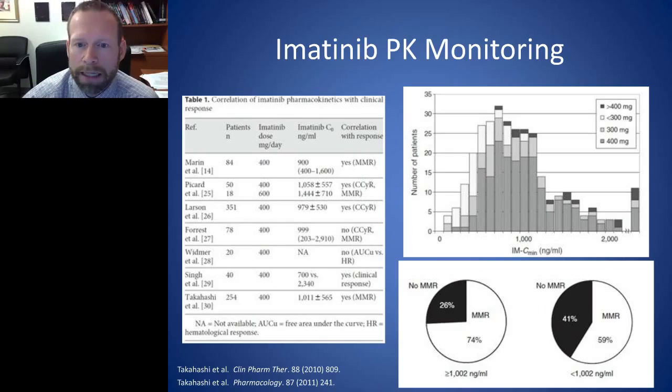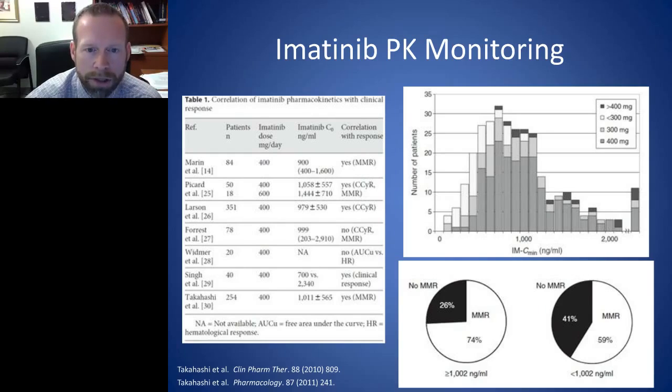But when you look at the different dosing, you can see that only about half of the patients are at a steady state trough concentration of 1,000 nanograms per mil or less. So the question is, why is that important? Well, if you look at this study, this is from a review from the Takahashi paper listed here. They've looked at a bunch of different studies, and in each case they're looking at the imatinib trough concentration.